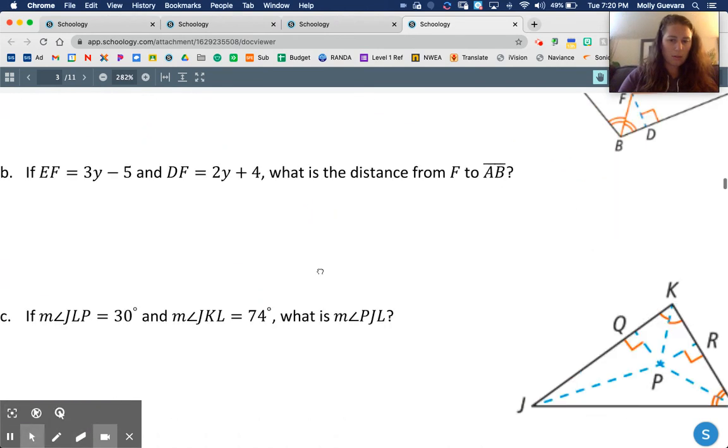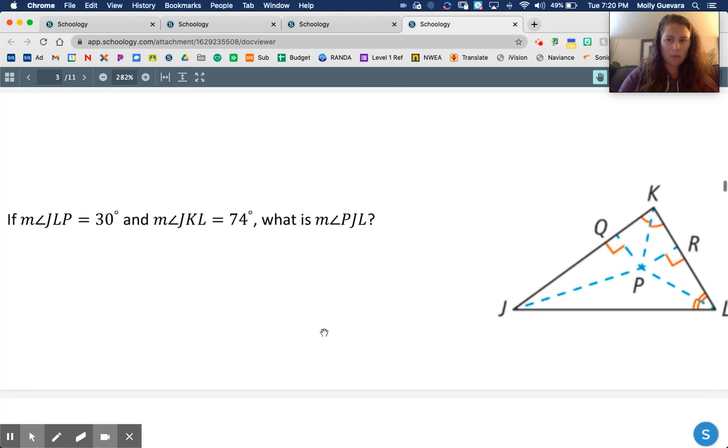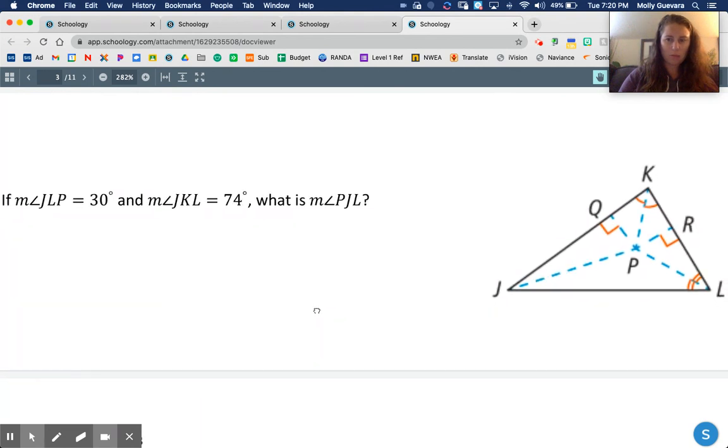The last one we're going to look at, I know it's zoomed in really far, I just wanted to be able to draw on the diagrams. The last one tells me that the measure of angle JLP, so from J to L to P, so this guy right here, is 30 degrees. So if that's 30, then that tells me that this is also 30.